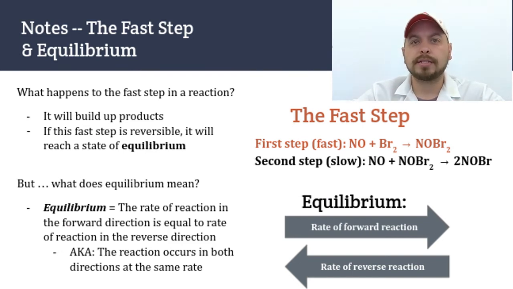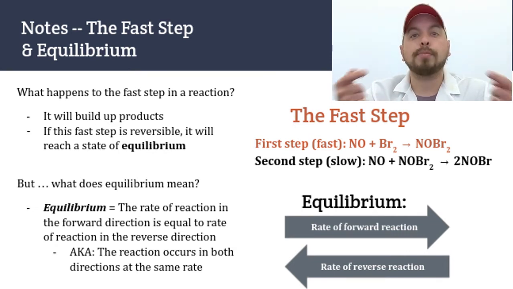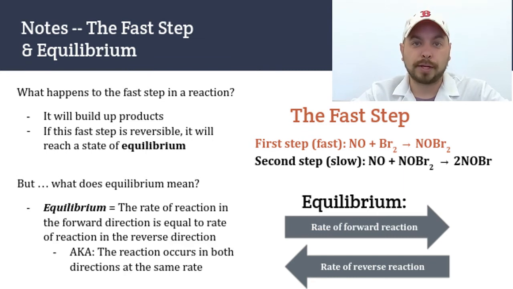Now, in the case that the first step is reversible, which means it can go in both directions, and many reactions are reversible, what's going to happen is the first step is going to reach a state of equilibrium. Now, we haven't talked about equilibrium yet this year, but equilibrium means that the rate of the reaction in the forward direction is equal to the rate of the reaction in the reverse direction. So the reaction keeps going in both directions and at the same rate.